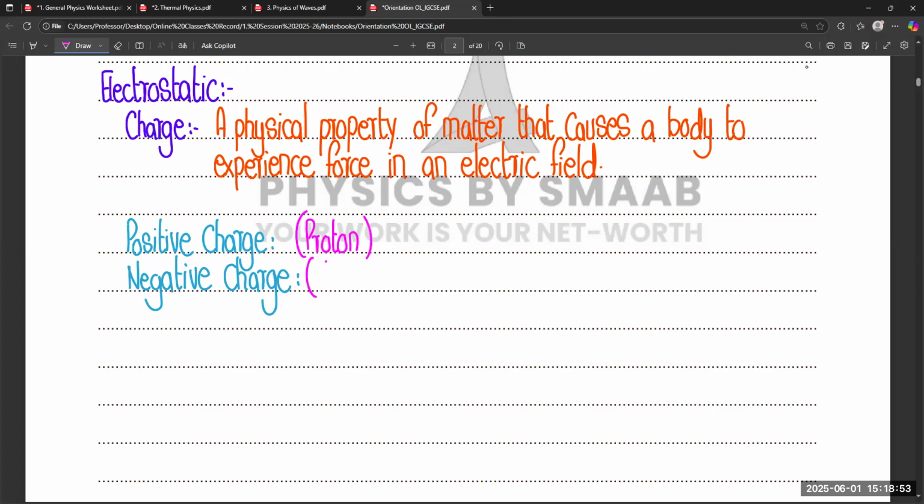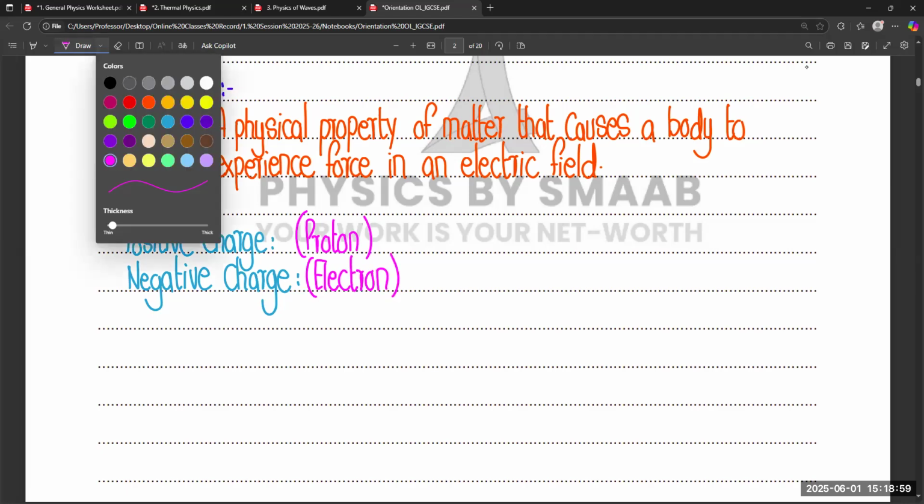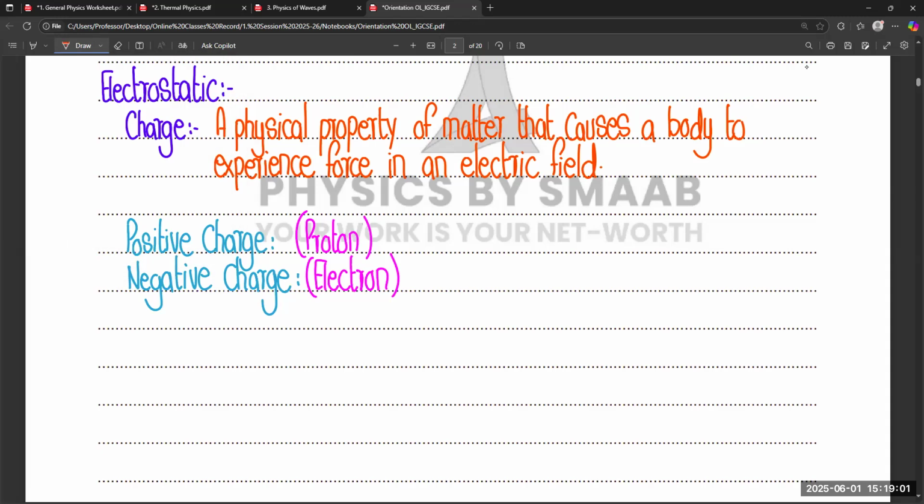Negative charge is called electron. And there is one more similarity between them: both have the same values, but opposite charges. For example, we have +1 charge on the proton and -1 charge on the electron.